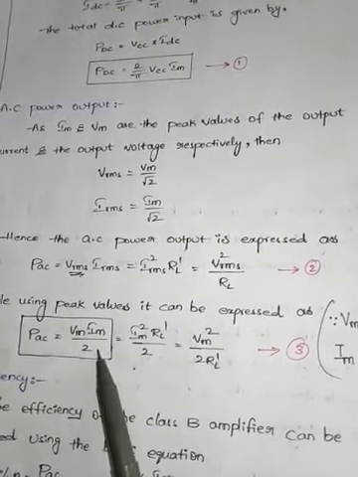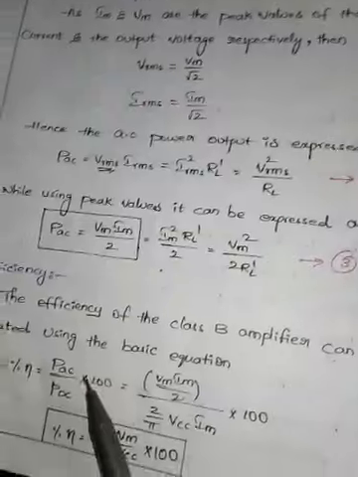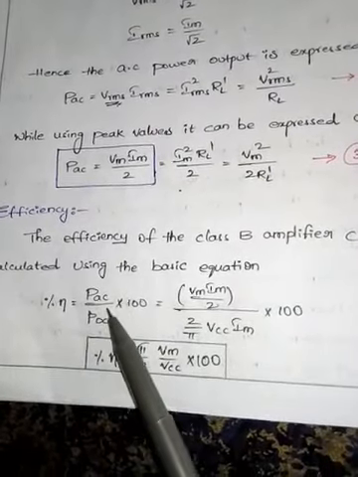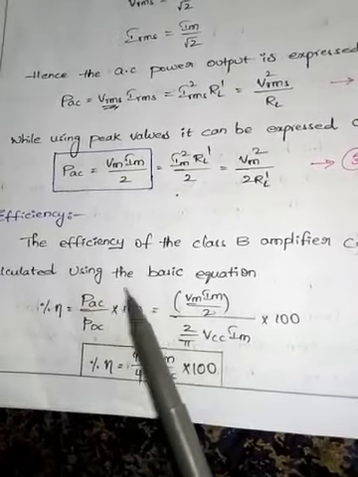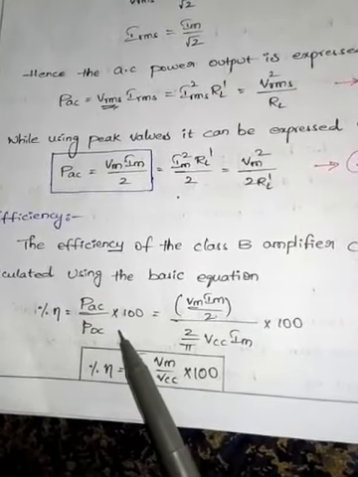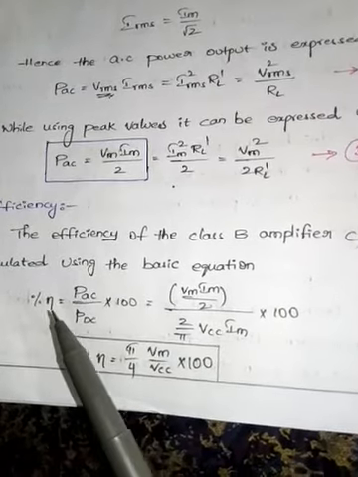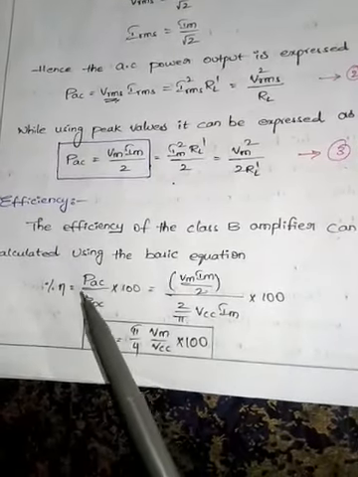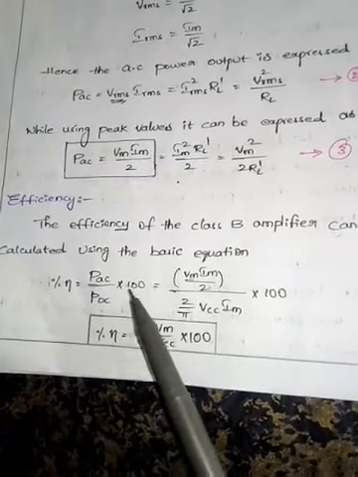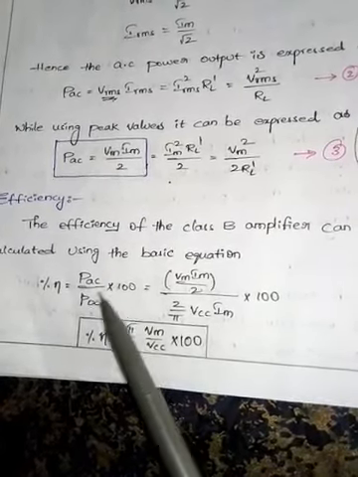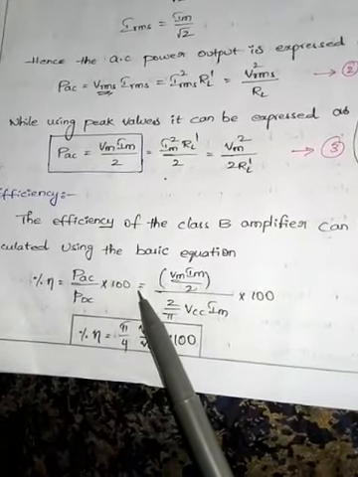Now we need to calculate the efficiency. We know the definition: the ratio of AC output power to the DC input power we call the efficiency. But while calculating the efficiency in terms of percentage, we need to multiply by 100.